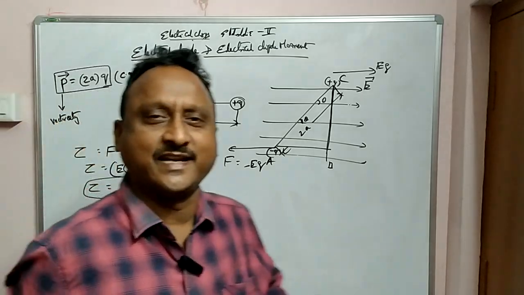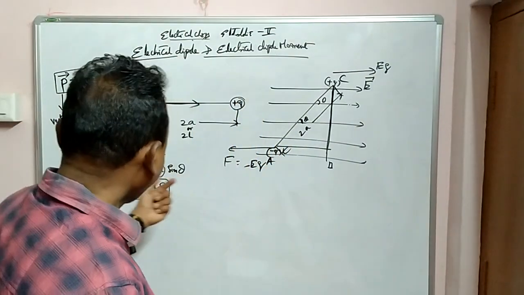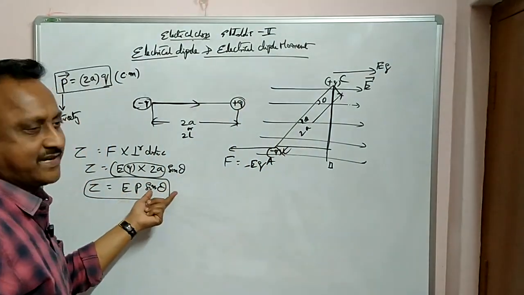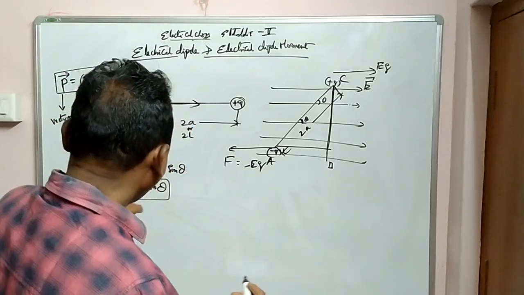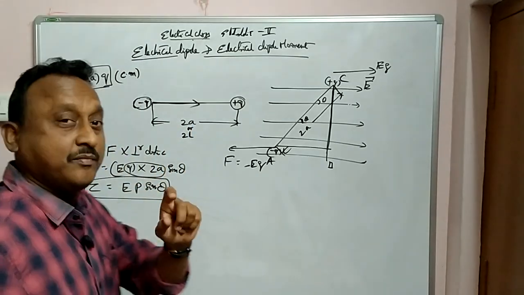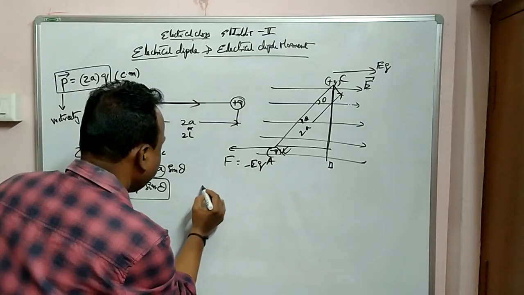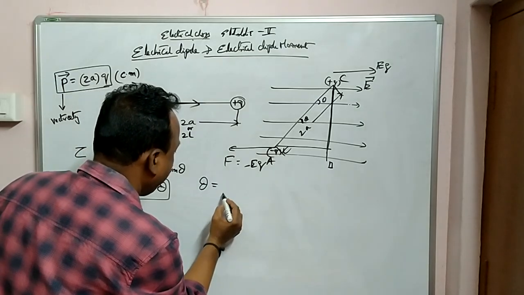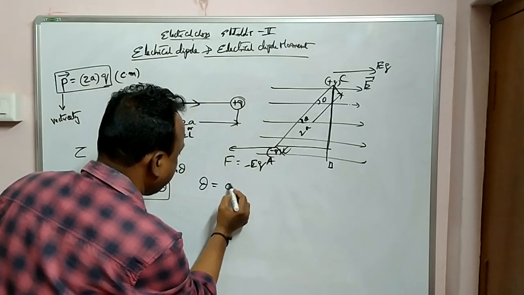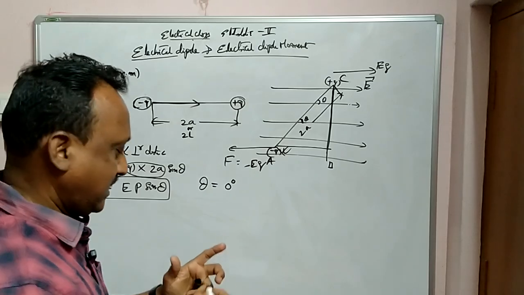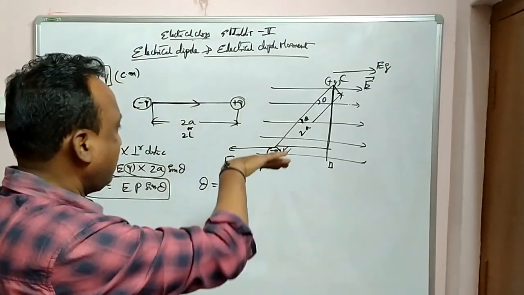This is the torque acting. Okay? So torque is given by EP sin theta or PE sin theta. Here E is the electric field intensity, P is the electrical dipole moment, sin theta is the angle. Okay? So when theta is more, suppose theta is equal to 0 degrees, అర్థం ఏంటి?